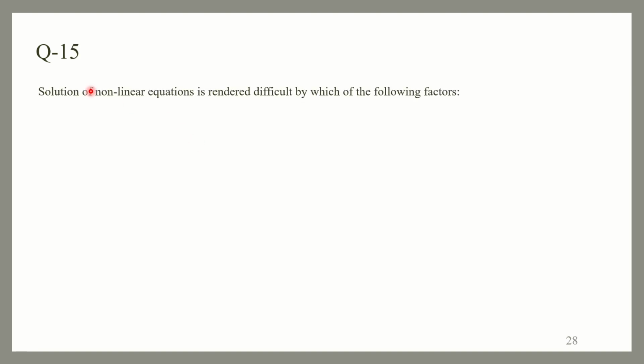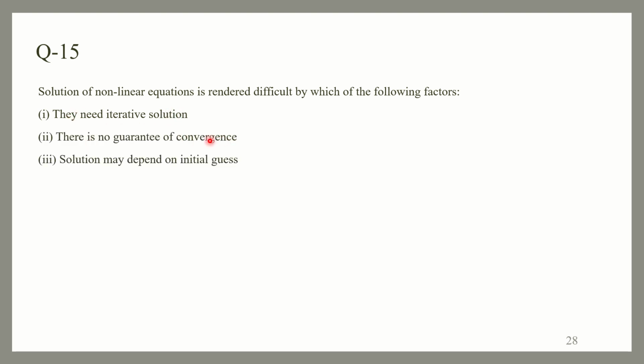In question 15 it is asked: solution of nonlinear equations is rendered difficult by which of the following factors? Option 1, they need iterative solution. Option 2, there is no guarantee of convergence. Option 3, solution may depend on the initial guess. Option A, 1 only. Option B, 1 and 2. Option C, 1 and 3. Option D, 1, 2 and 3.